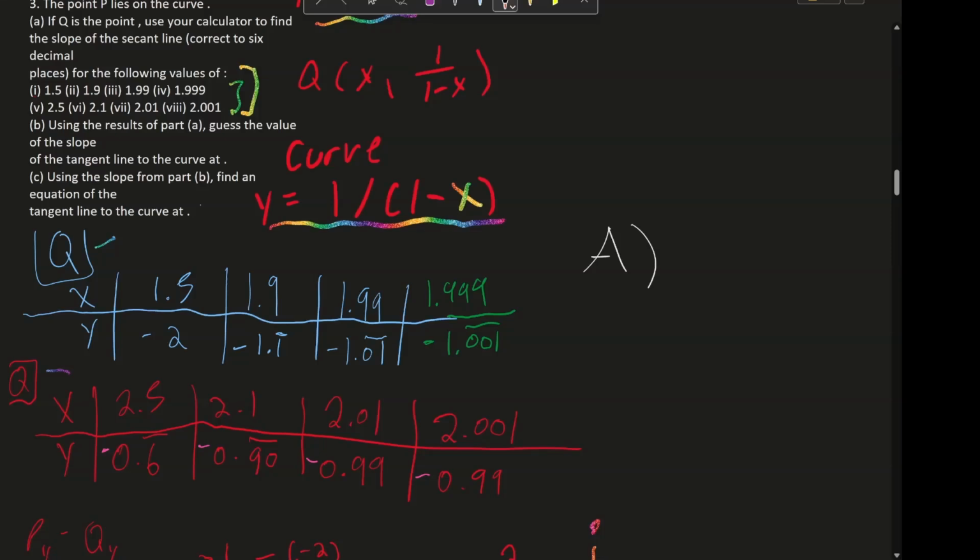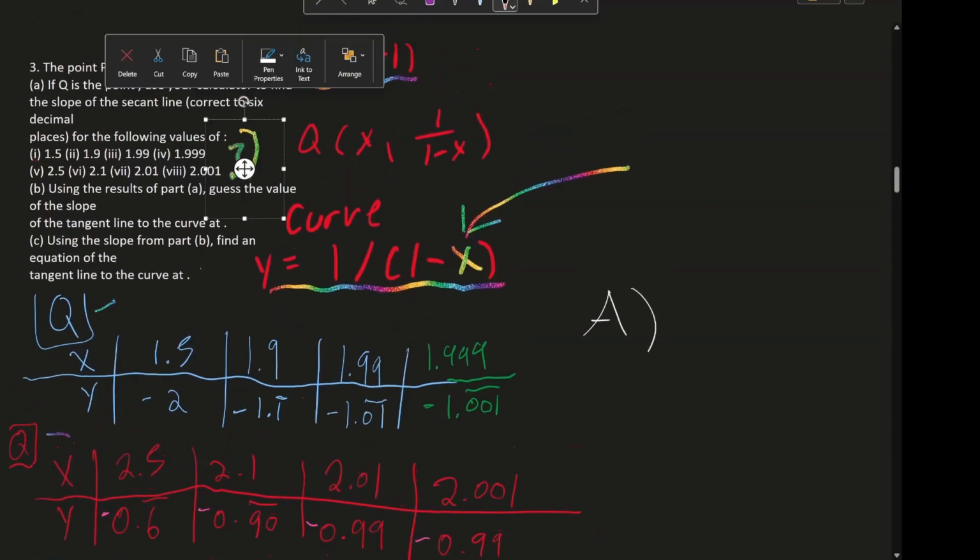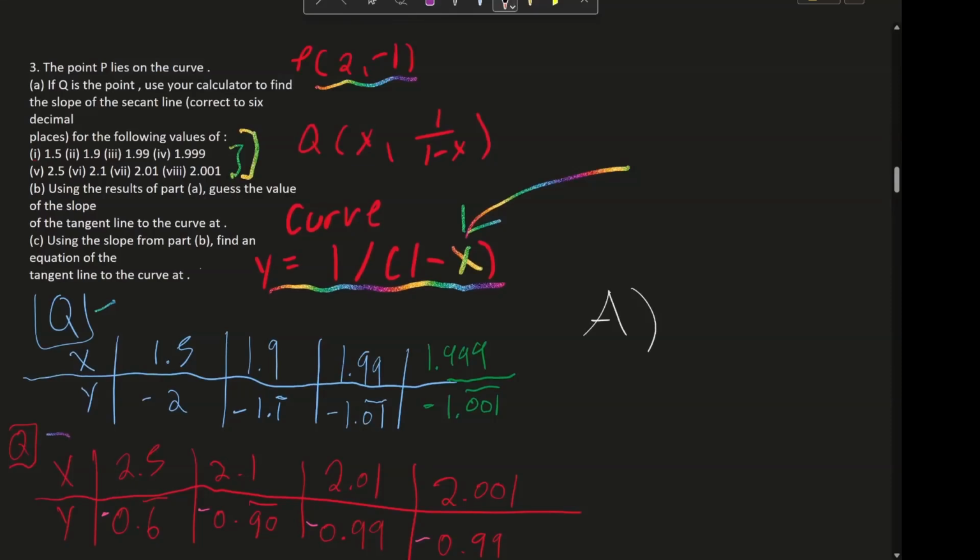To find the corresponding y values, you just plug the x values into the equation of the curve, which is also demonstrated by point Q. Your x coordinate is given, and your y coordinate is the function of the curve.